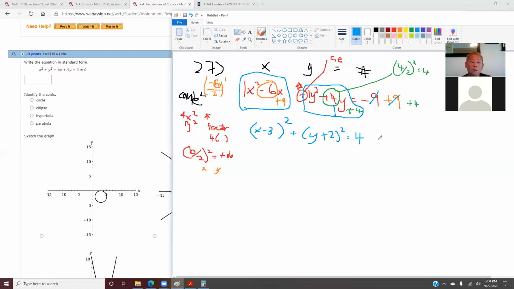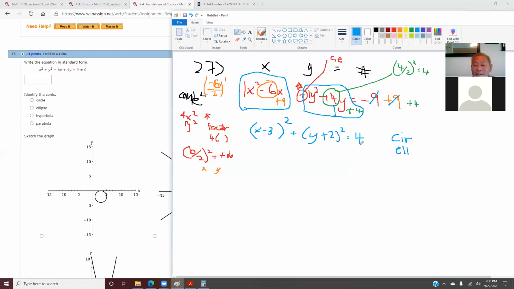Now, this is going to be the equation in standard form. So can someone tell me, is this a circle or is this an ellipse? Okay, Ryan is very good. This is a circle.